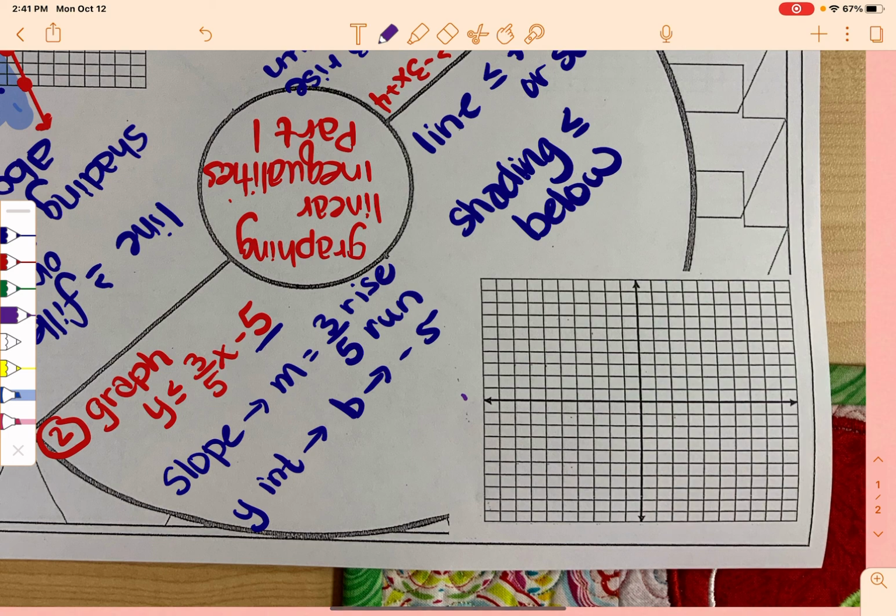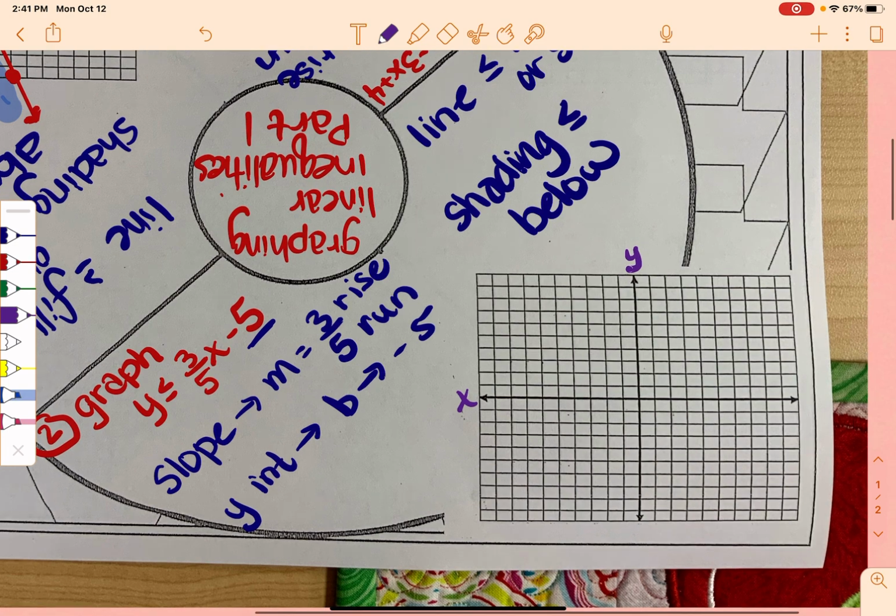Before I start, I'm going to put my x and y on here, just so I know which direction I'm graphing. I'm going to start graphing my y-intercept of negative 5. So 1, 2, 3, 4, negative 5 would be down there.